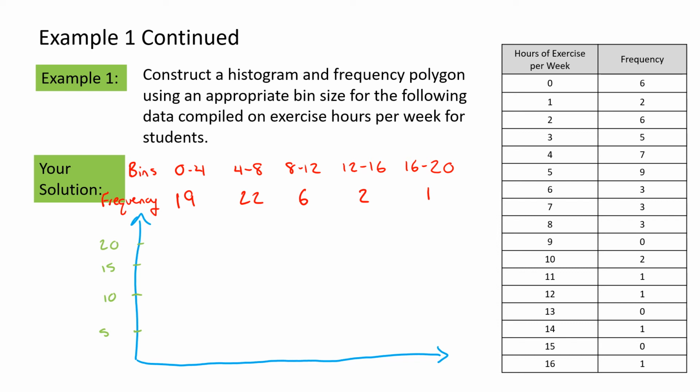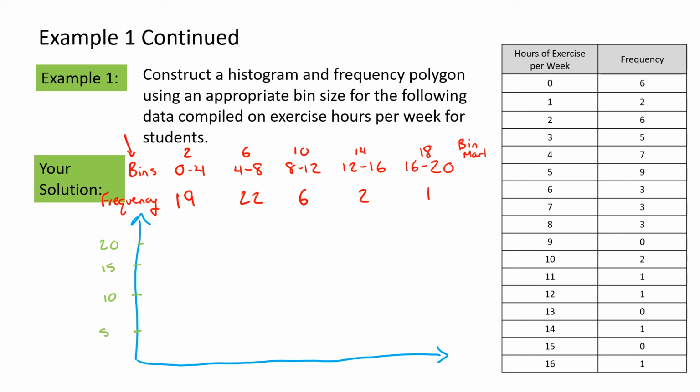But on our x-axis, as opposed to doing the full width of the bin, so both the lower and upper numbers, we're going to use the number that's halfway in between each of these numbers. So halfway between 0 and 4 is 2, 4 and 8 is 6, 8 and 12 is 10, 12 to 16 is 14, and 16 to 20 is 18. Okay, those are what are known as bin marks.